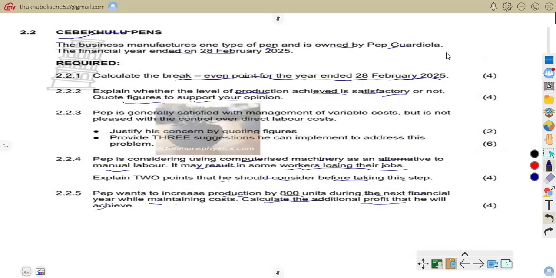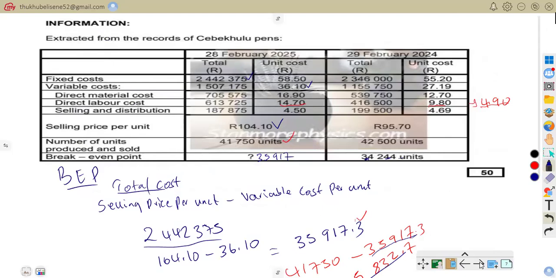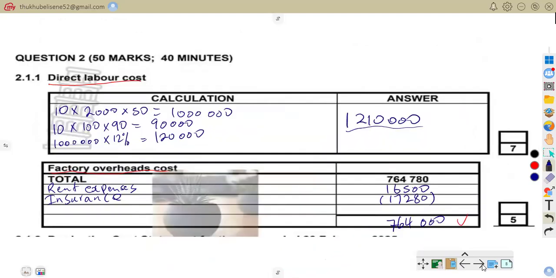Very important: while maintaining cost. So we are going to take the selling price per unit minus the variable cost per unit, for the 800 units. So let us write it.